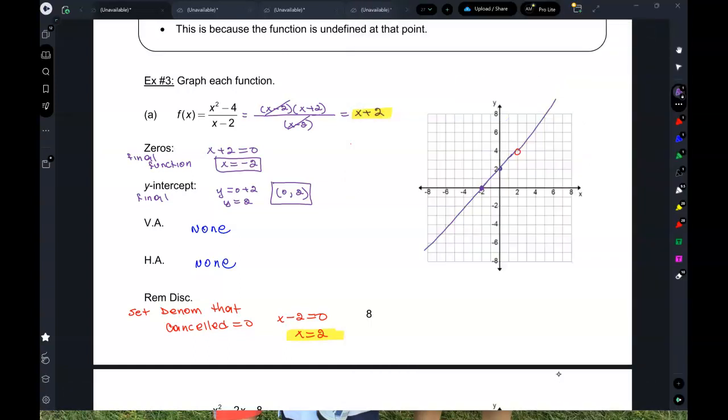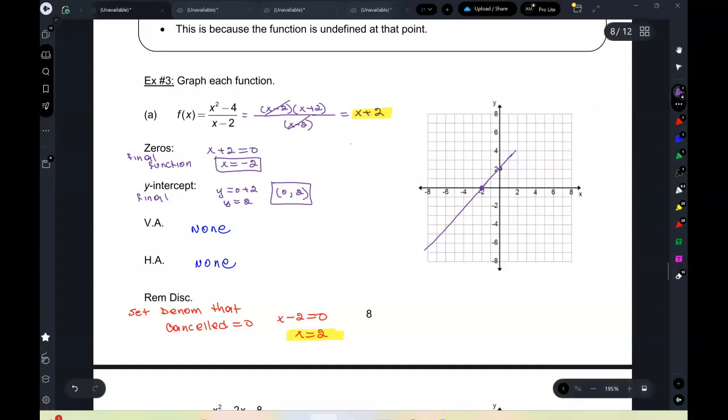At x equals 1.99999, it doesn't exist. Or at 2.00001, it doesn't exist. So you can't really see it in actual life. However, on the graphs, you have to show a little open circle over there. Also, some students graph the line and then on top of it just draw a circle. You can't do that either. There cannot be anything in that circle. It just has to be a blank circle.